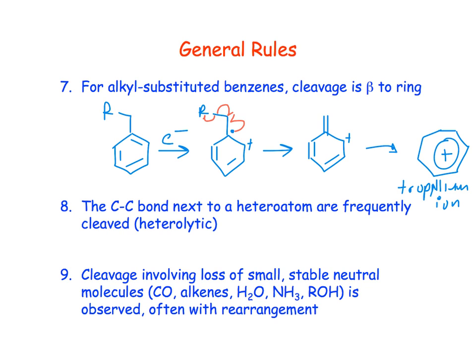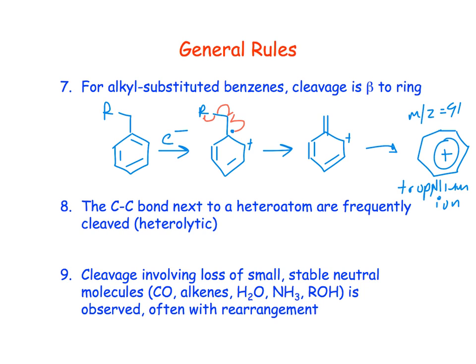And this is at m/z equals 91, and will be the base peak if we have a substituent like that. So for benzenes, important ions are tropylium at 91, or if we can go just to the benzene ring, it's at 77.